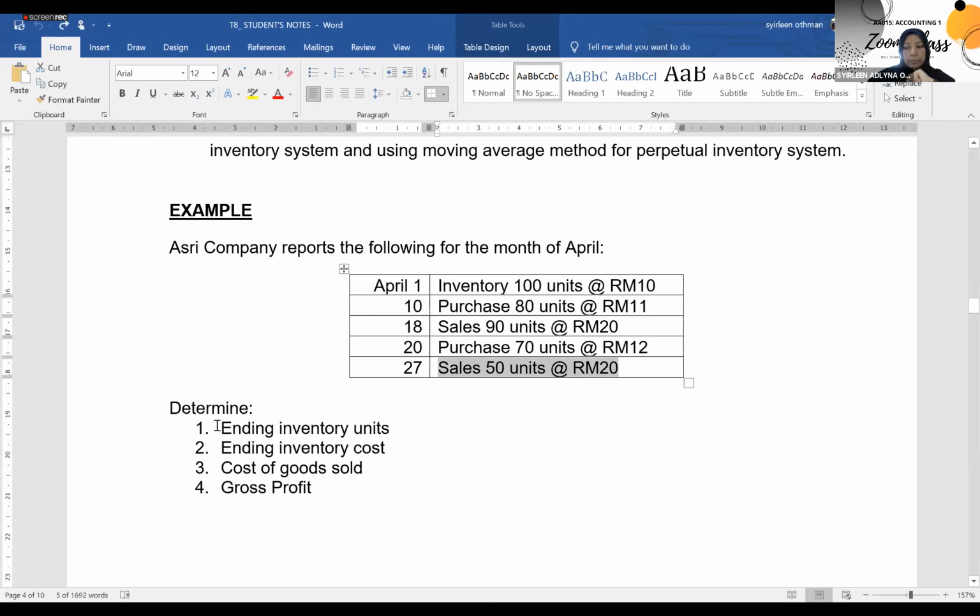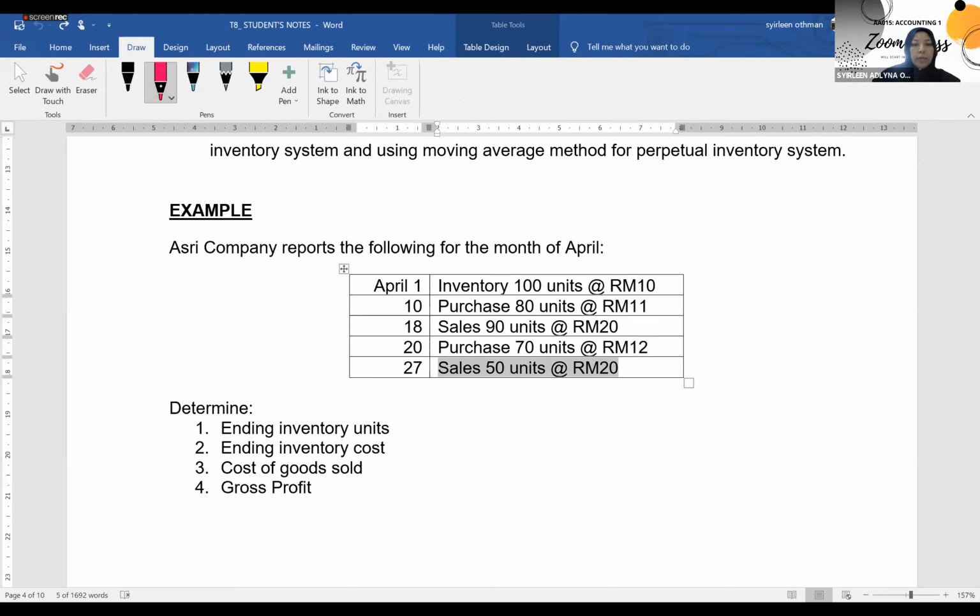Tengok betul-betul, the first one that you need to do, kita akan cari ending inventory in units, dalam bilangan unit. And then once you already get the ending inventory unit, you need to calculate the ending inventory cost. That means awak kena dapat unit ni dulu, baru you boleh kira ending inventory cost.